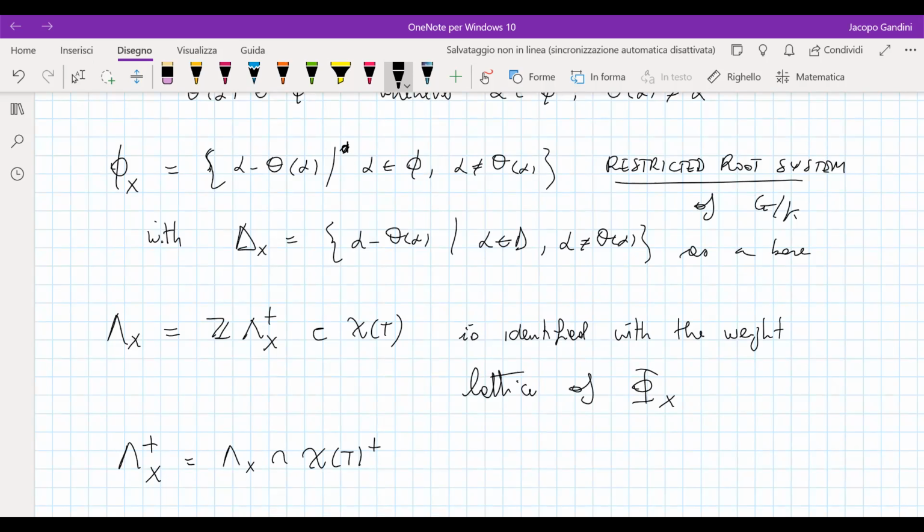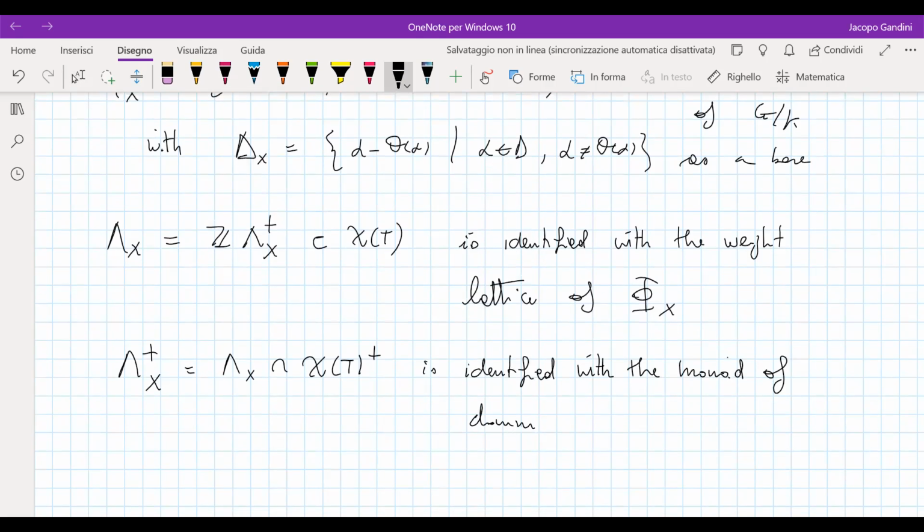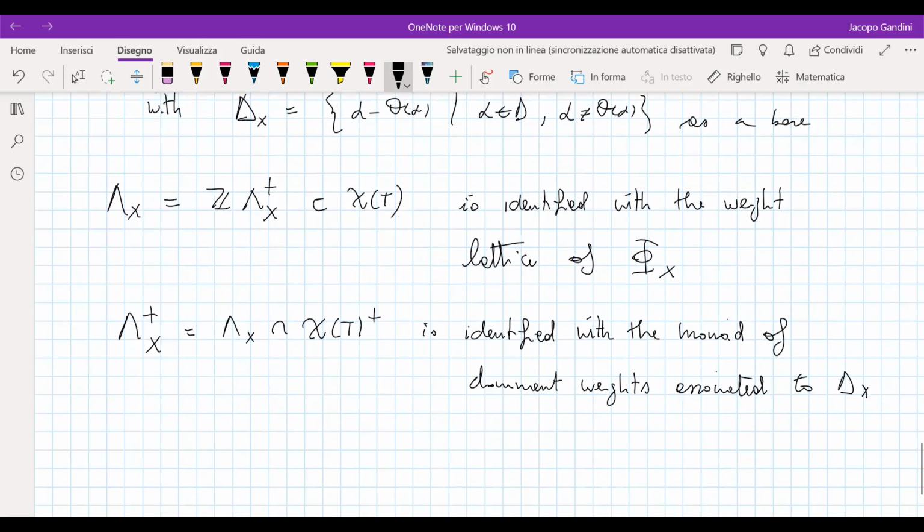The notion of being dominant is compatible in the two root systems, and this is identified with the monoid of dominant weights associated to the base that we fixed.